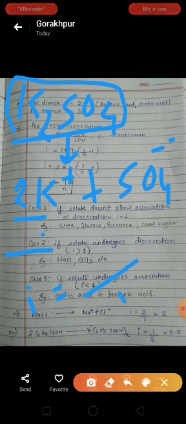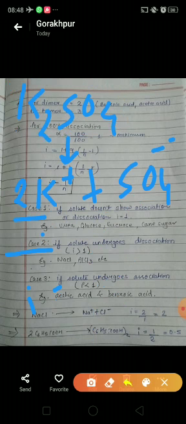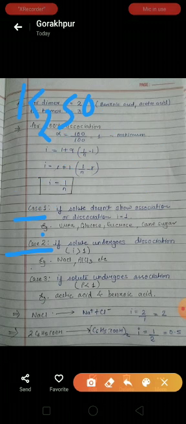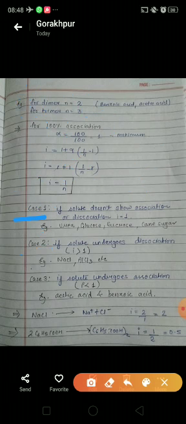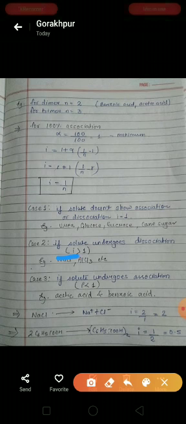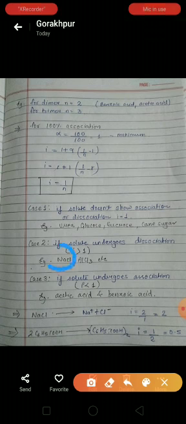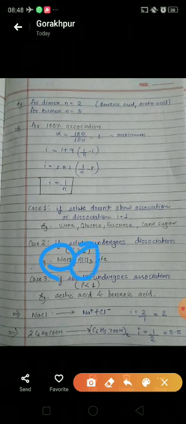This is all about the second case, that is dissociation. There are some more examples like NaCl and AlCl3.